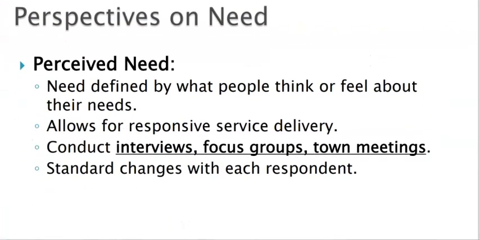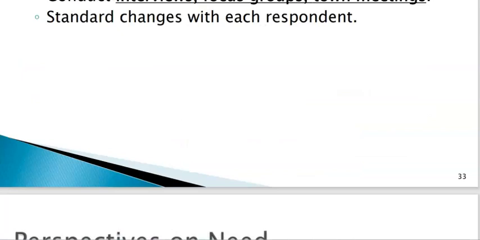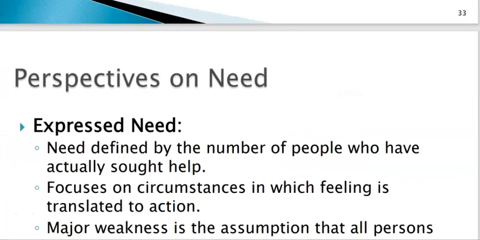A perceived need is defined by what people think or feel about their needs. It allows for responsive service delivery, and you can conduct interviews, focus groups, and town meetings to come up with what a community sees as their needs, and standards will change when the respondents change.